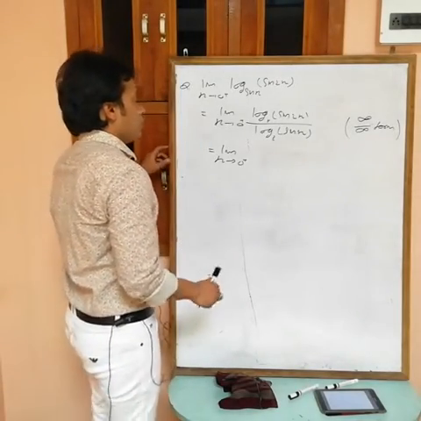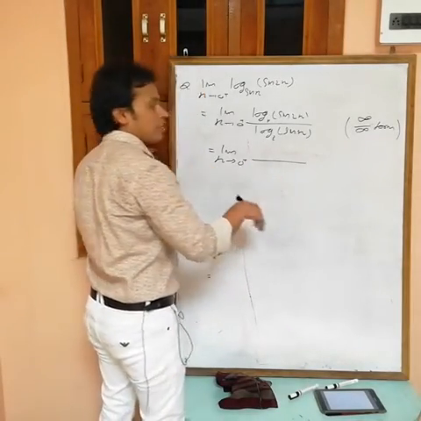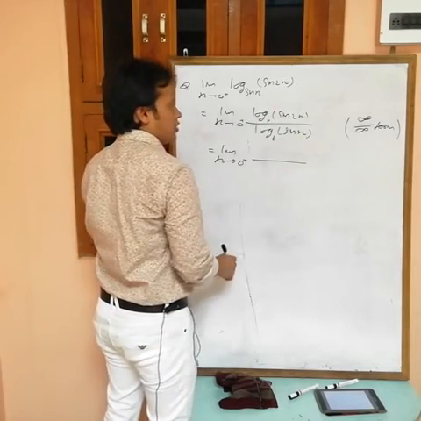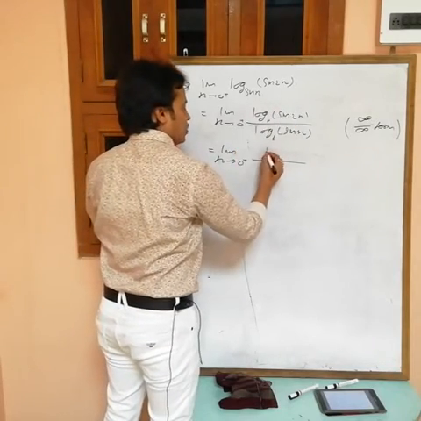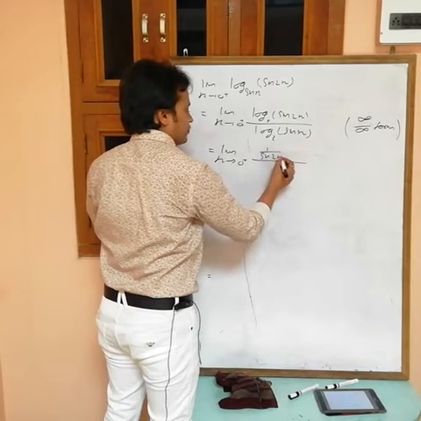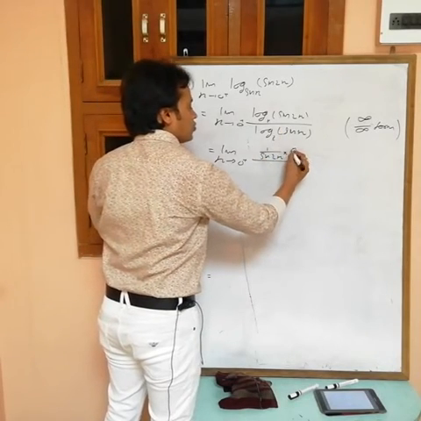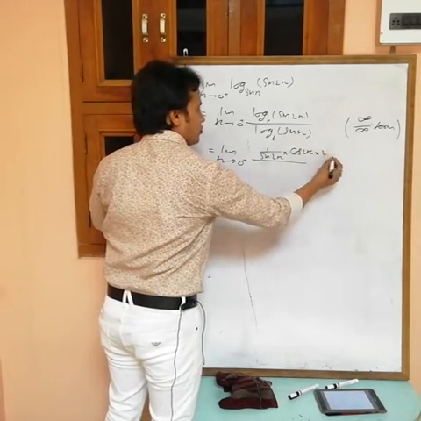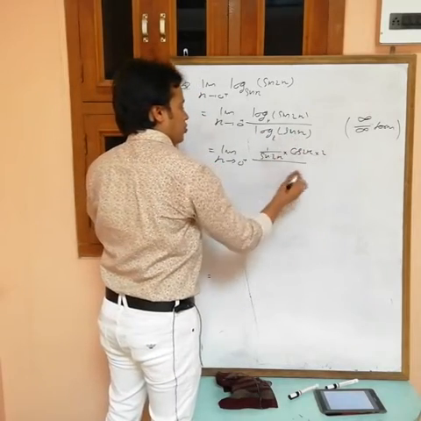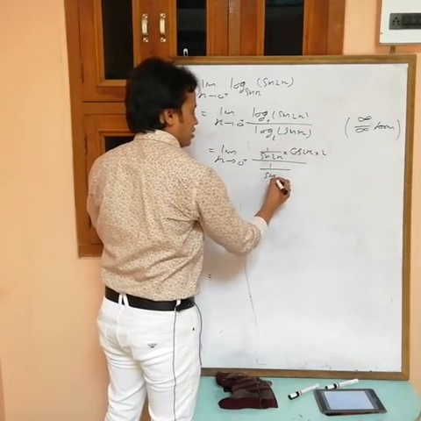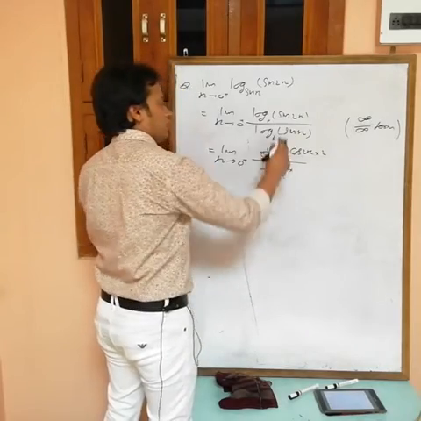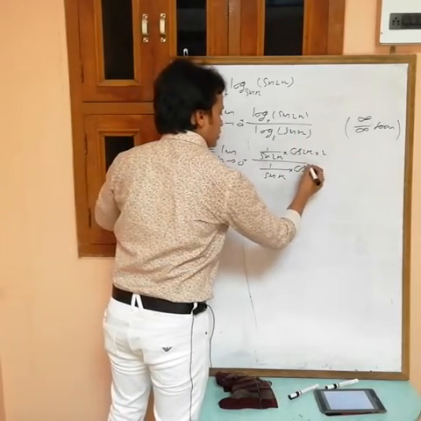So if you differentiate by L'Hopital rule, differentiation of log sine 2x is 1 by sine 2x, derivative of sine 2x is cos 2x into derivative of 2x, which is 2. Similarly, in the denominator, 1 by sine x into derivative of sine x, which is cos x.